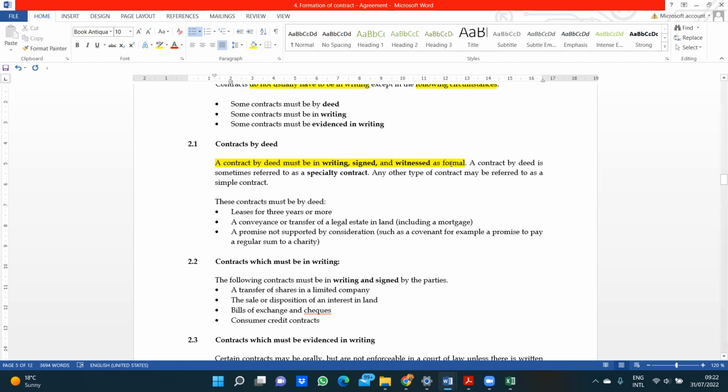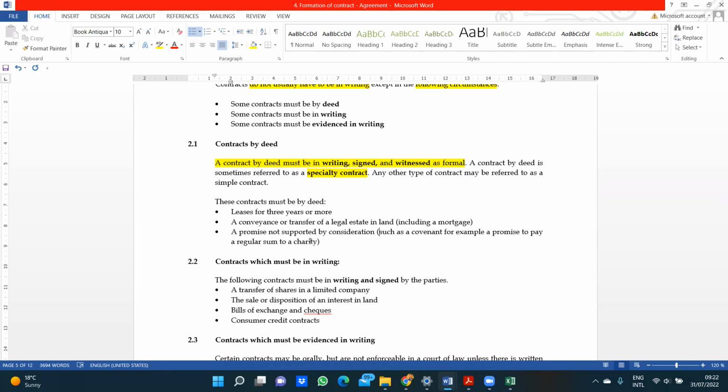A contract by deed is sometimes referred to as a specialty contract. And any other type of contract may be referred to as a simple contract. So a contract by deed must be written, signed, and witnessed as formal.